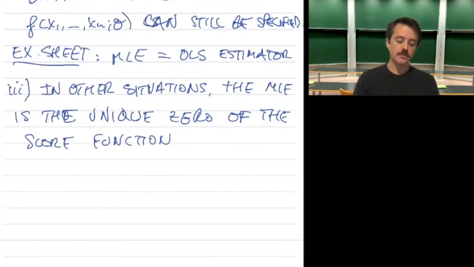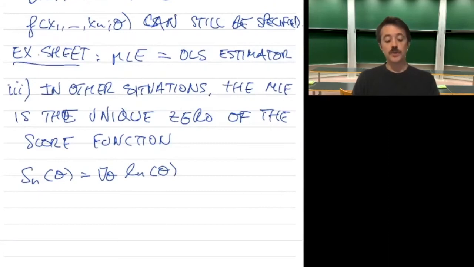And this we denote by capital S_n(theta), which is just the gradient with respect to the whole parameter of the log likelihood function. When we equate this score function to zero, that becomes the score equation, or the equations if you are in a multidimensional setting, which we generally will be.